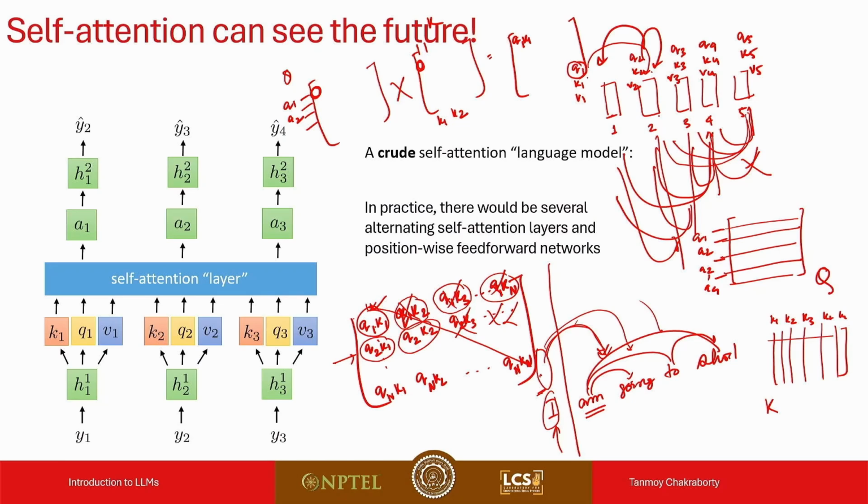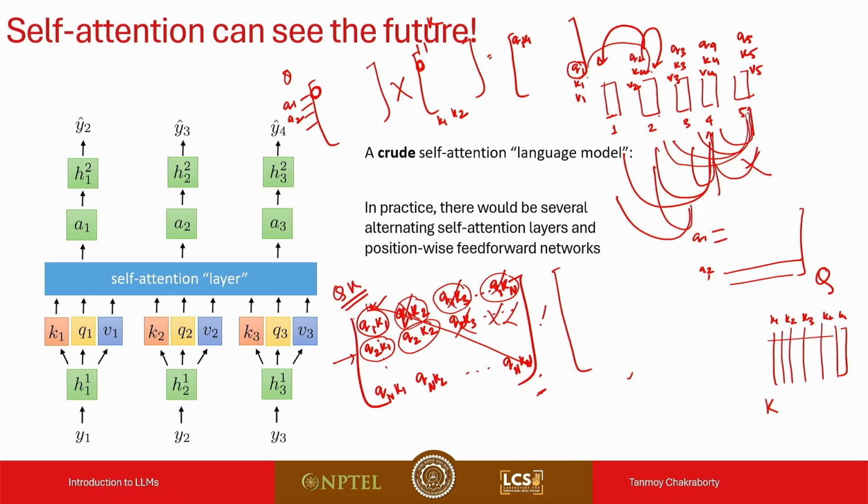How do we do this thing computationally? I mean, coding wise. During the training time, although you can generate the entire matrix, you are not allowed to process the entire matrix. You are allowed to process only the lower diagonal part of it, not the upper diagonal part of it. What we do, this QK matrix will be multiplied with another matrix which would look like this: 1 on the diagonal part, the same dimension, and minus infinity above.